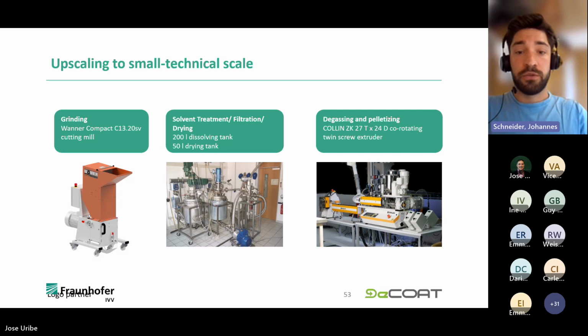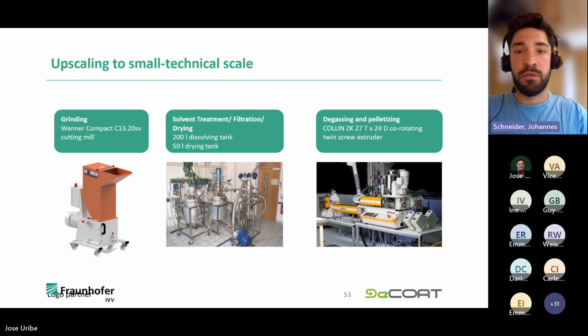And of course, depending on the process adaptations that we needed for the respective material combination. Here we used a small technical plant, which is still, of course, a small technical scale, but it showed a first upscalability of the developed process in our DECOAT project.